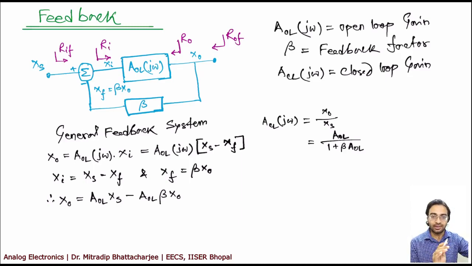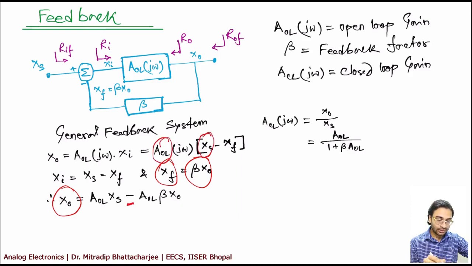It's a negative feedback. Okay. Your XF value is beta X0 as I have shown. What will be the X0? You already have calculated it. It's A0L into XS minus A0L into XF. Replace the value of XF. So it is A0L beta X0.